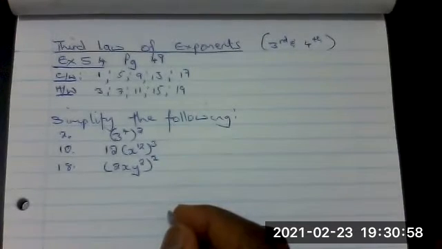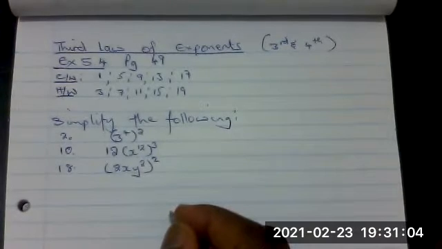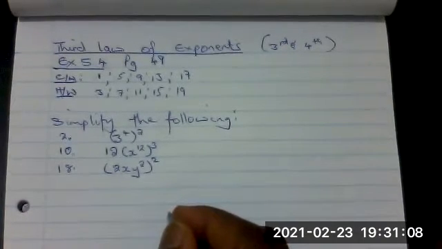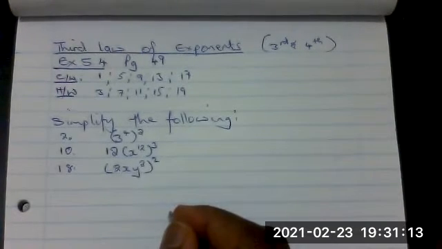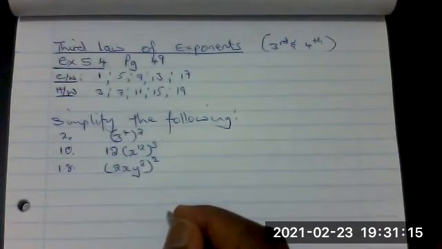We have a topic under exponents, and this topic is the third law of exponents. However, this third law is then extended to the fourth law of exponents.